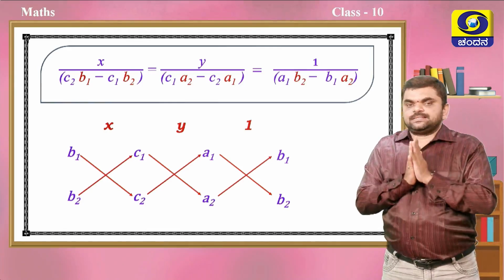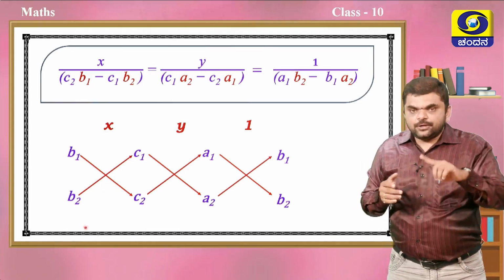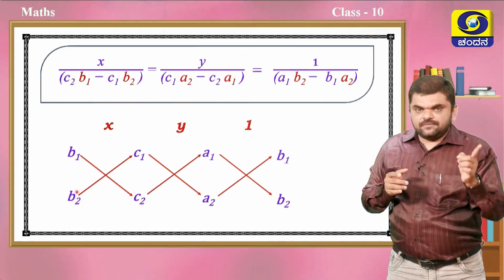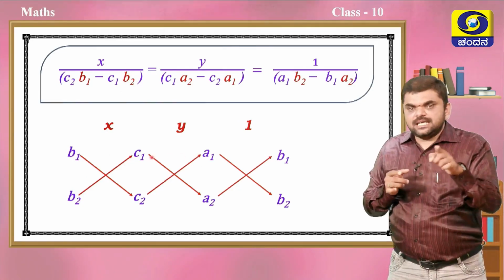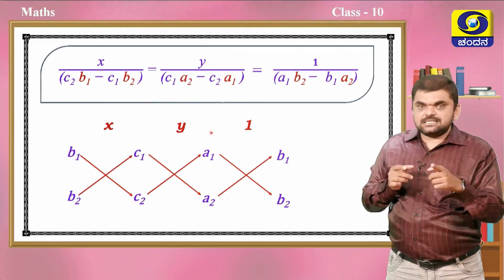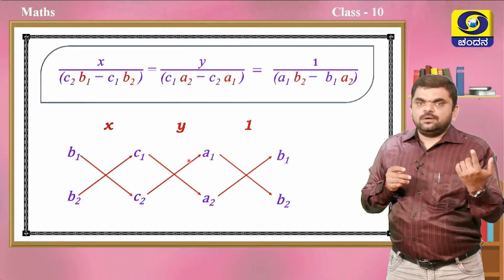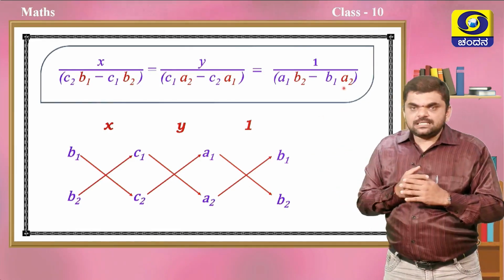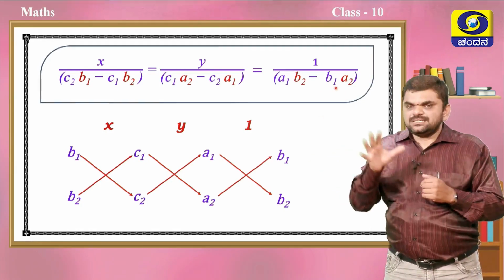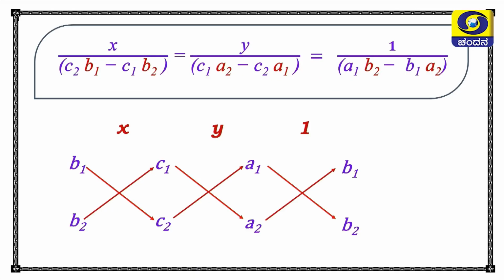Cross multiply this: x over (c2 b1 minus c1 b2) is equal to y over (c1 a2 minus a1 c2) is equal to 1 over (a1 b2 minus b1 a2). Just cross multiplying this, we will get that equation. This is the simple way to remember this method, children.